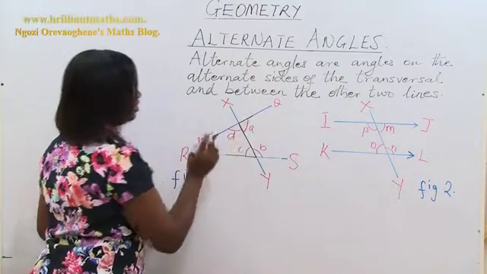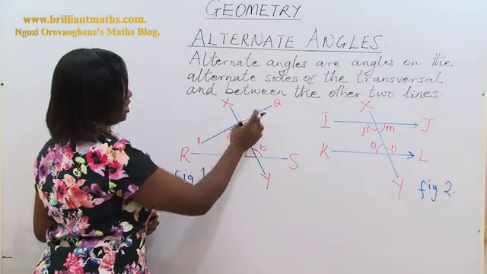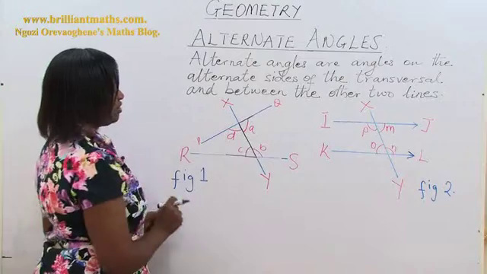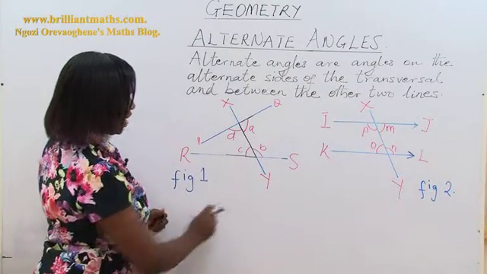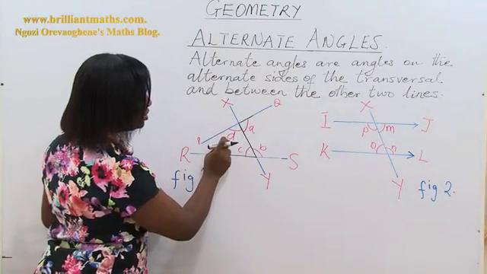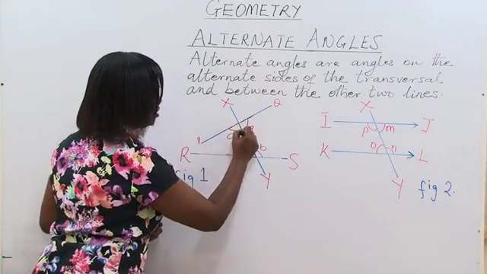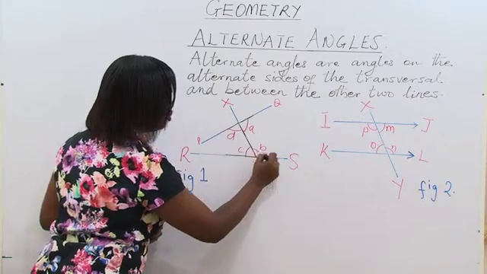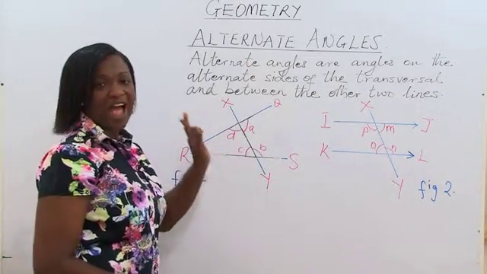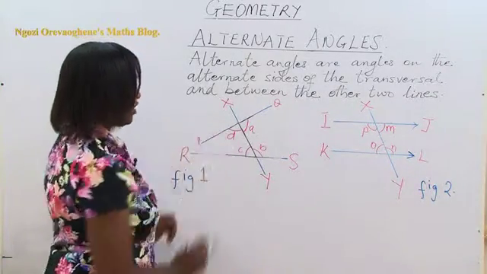So angle A and angle C are alternate. Also, angle D and angle B are alternate. So we have two pairs of alternate angles in this figure.